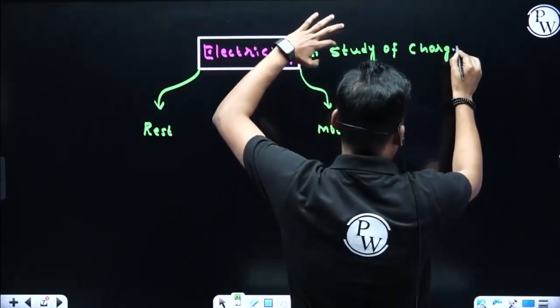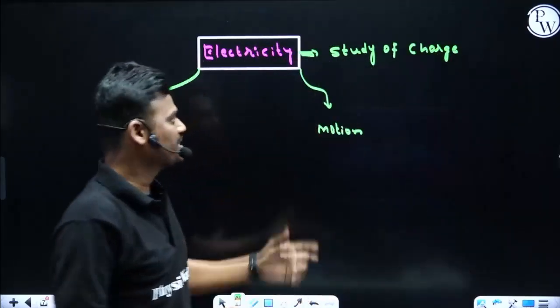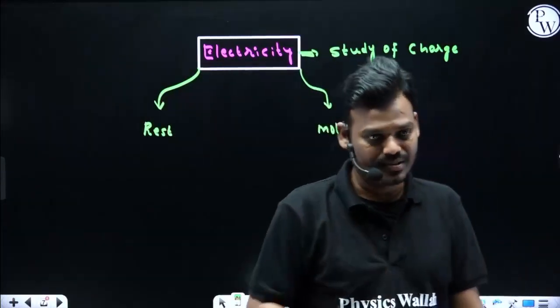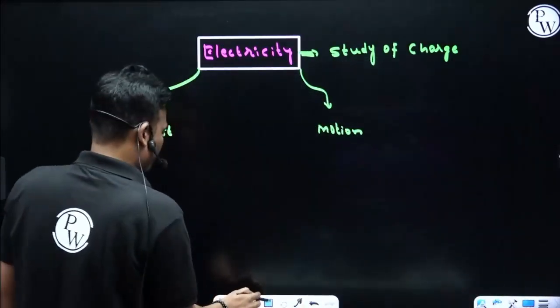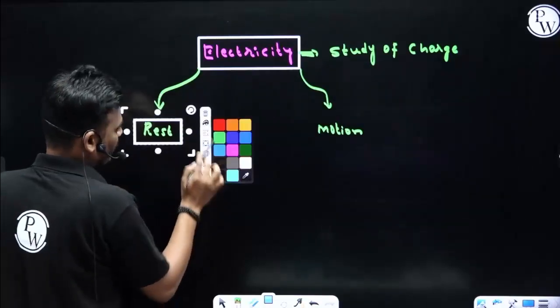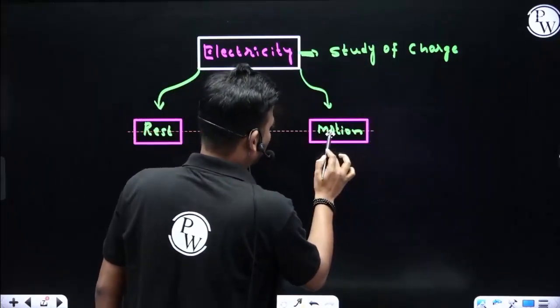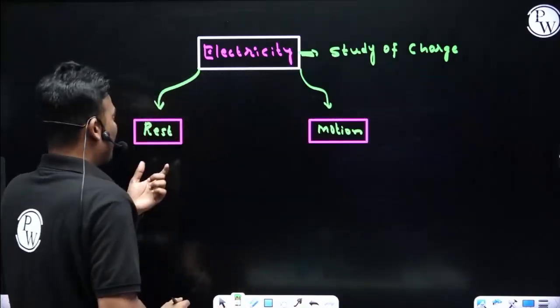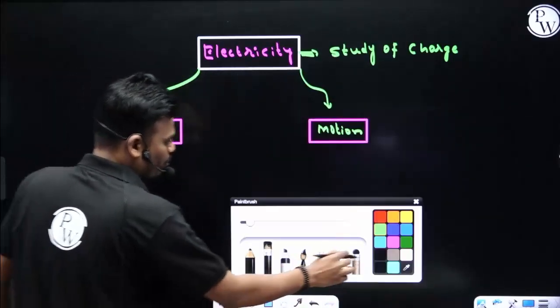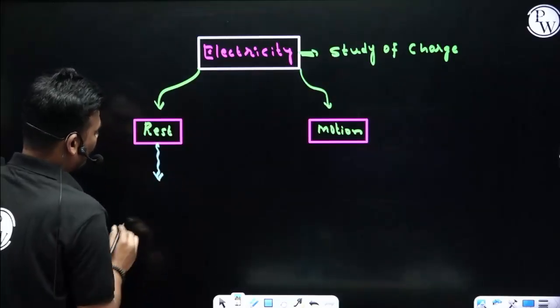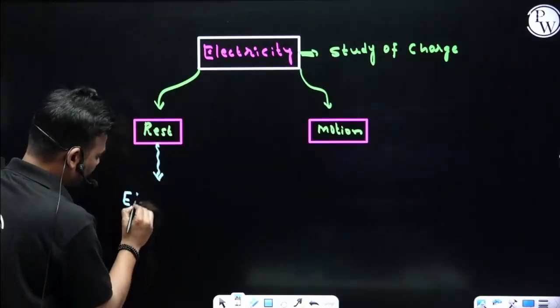It is the branch of physics which deals with the study of charge. Based on the state of the charge, we have two categories. If the charges are at rest, we will be having electrostatics.